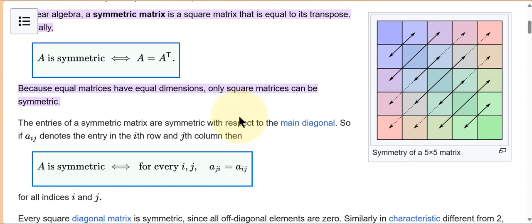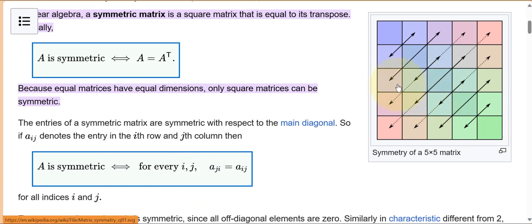And they illustrate that here in Wikipedia like this. This element and this element are the same. This element and this element are the same. And so on. So this is the definition, but this is the visual idea of it. Or you can also focus in on the individual elements.